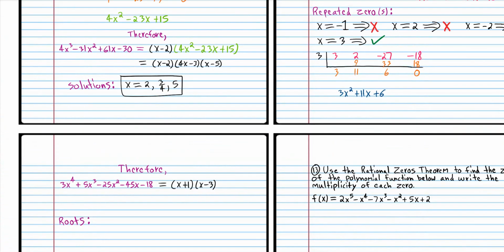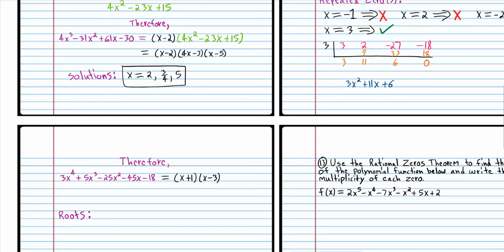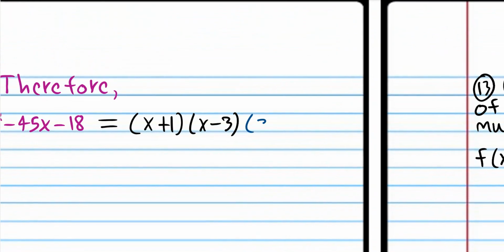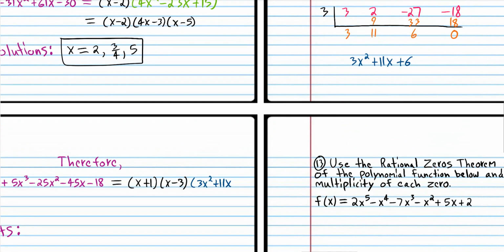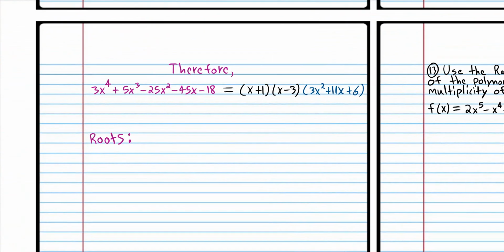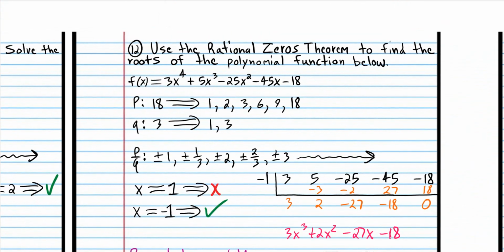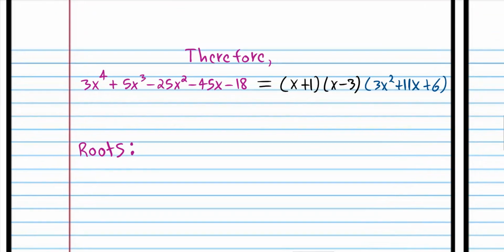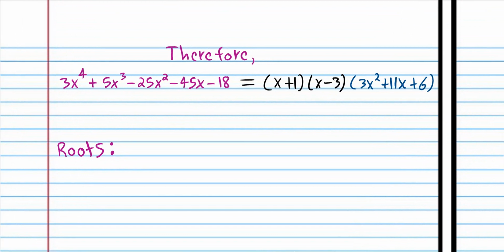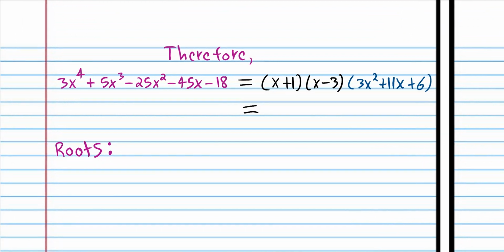And we have this blue leftover factor, which is 3x squared plus 11x plus 6. So we're looking for the roots of this polynomial function. And all we're doing is just changing the form of that polynomial so that we can find the roots. Again, the roots are the numbers that you can plug in to make the polynomial equal to 0. You can call them roots, you can call them zeros, you can call them all kinds of different things.